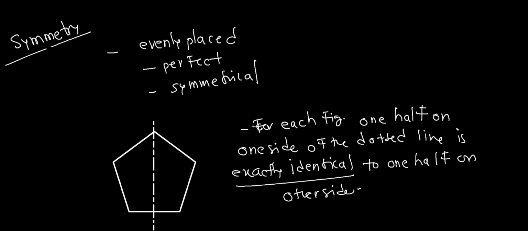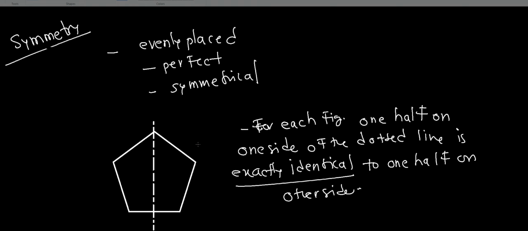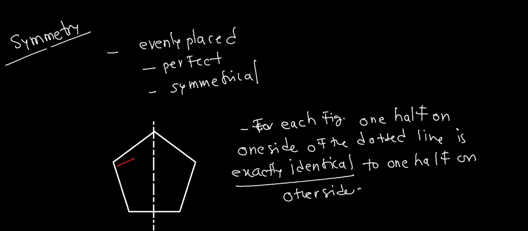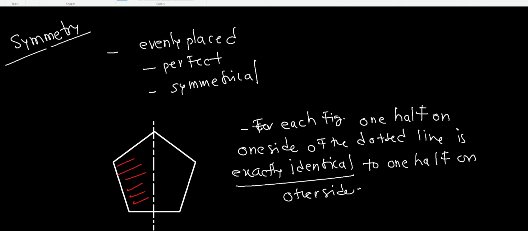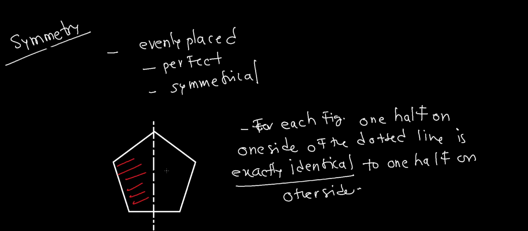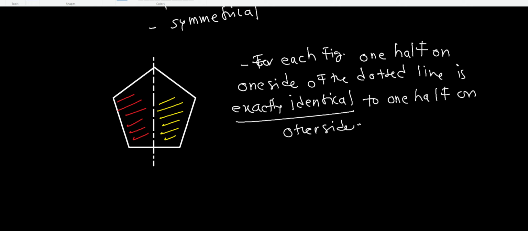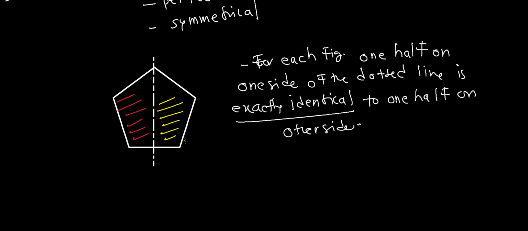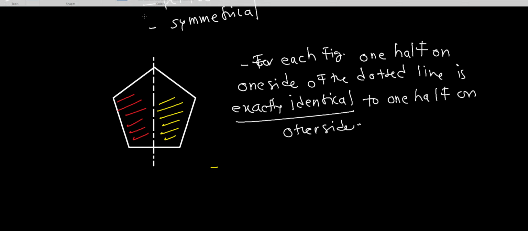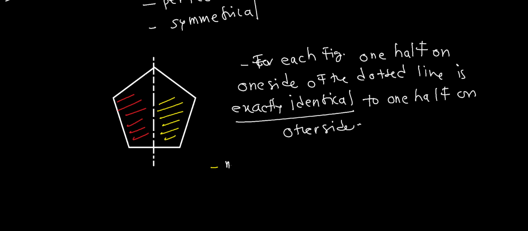So this half is exactly identical to this half, divided by the dotted line, and they are identical in a way. These both halves are mirror images of each other.